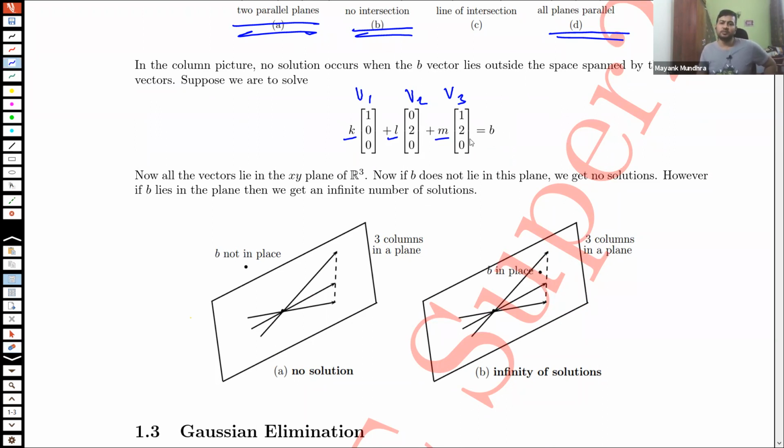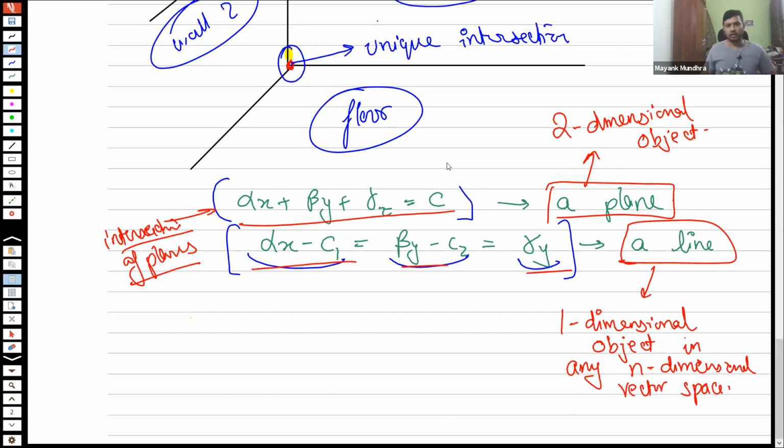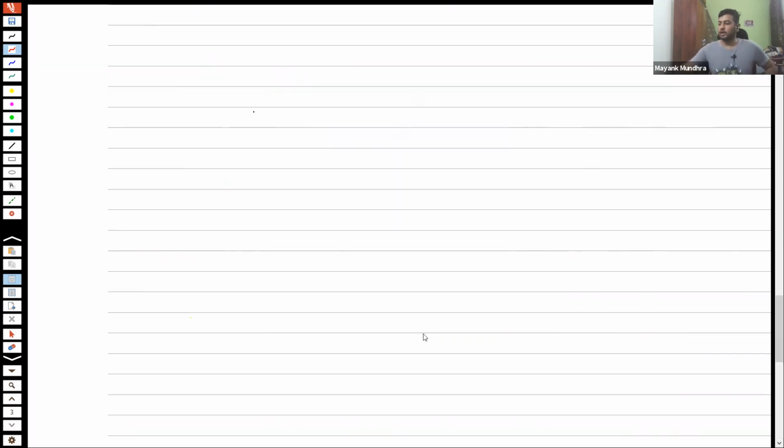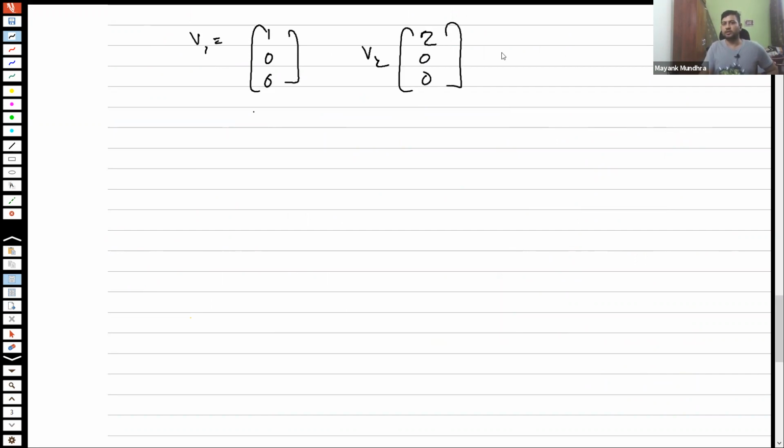It is possible that the 3 vectors that you are looking at all lie in the same plane. So suppose my vector v1 is 1, 0, 0. Vector v2 is 2, 0, 0, and vector v3 is 0, 1, 0.